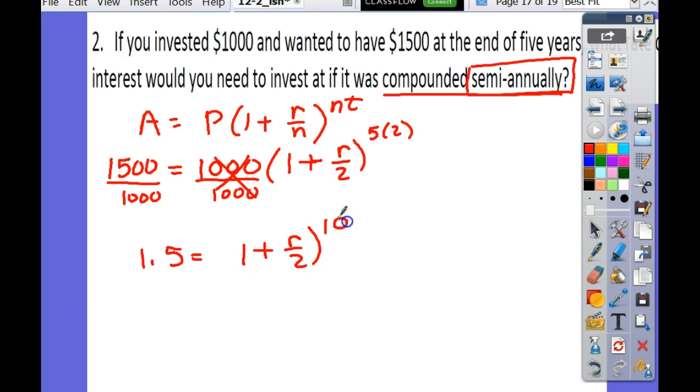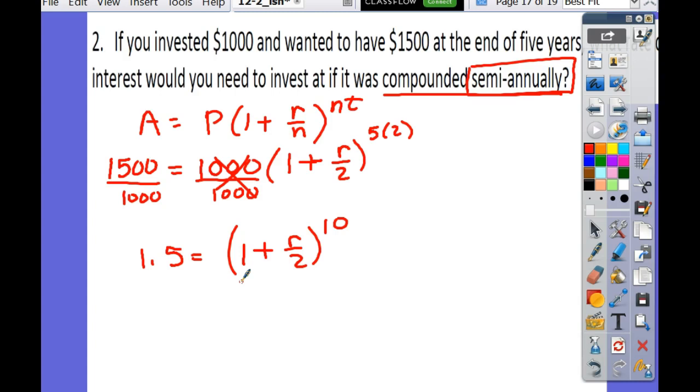And 5 times 2 is 10. And so what some people have tried to do at this point is take the log of both sides. You take the log of both sides when the variable you're solving for is an exponent. Is the r that we're solving for the exponent? The exponent is 10.